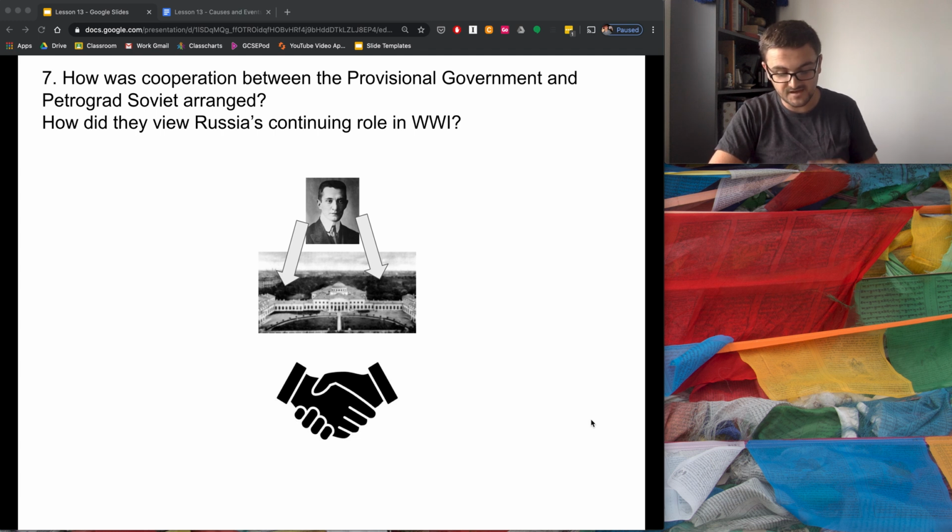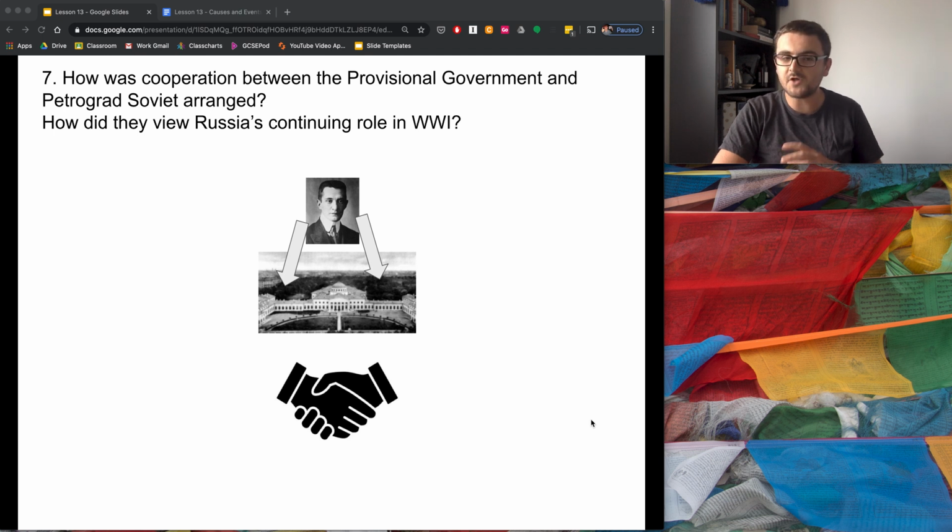And they promised the election of a constituent assembly in the future, and that constituent assembly would determine the future of Russia. Now, this agreement was made to ease the fears that the Soviets had about the Provisional Government and find a way that they could work together.